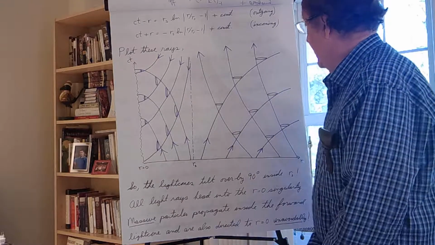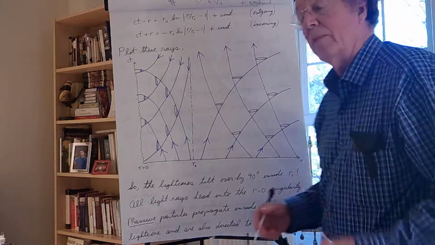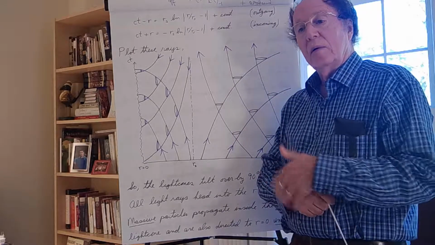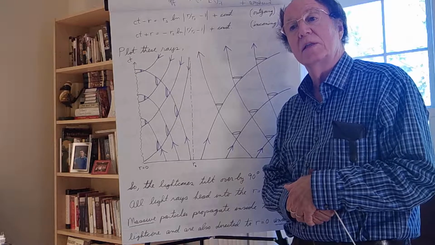And so that's the problem. And then the challenge is, well, is that a general notion of the geometry, or is that a property of the coordinate system I'm using?